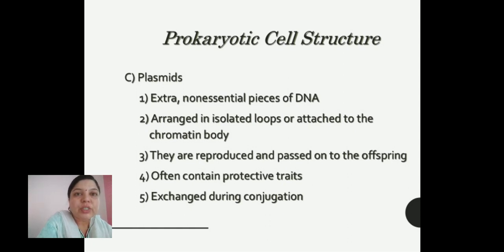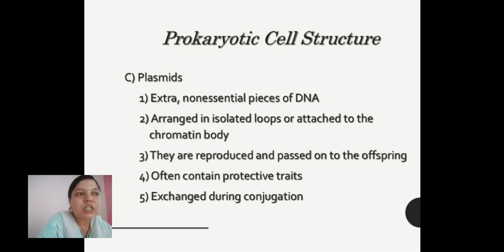The conjugation is the term that we use for the complete phenomenon. Often plasmids give certain protective traits, in the sense that they provide antibiotic resistance to the prokaryotic cell.